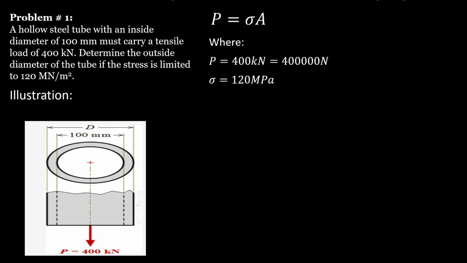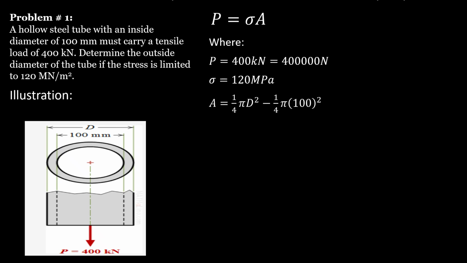That is why we're going to use this formula wherein the area is equal to the area using the outside diameter, minus the area using the 100 millimeter diameter. Meaning to say we're going to have the difference between two areas. And this is going to be our formula that we will use in this problem.